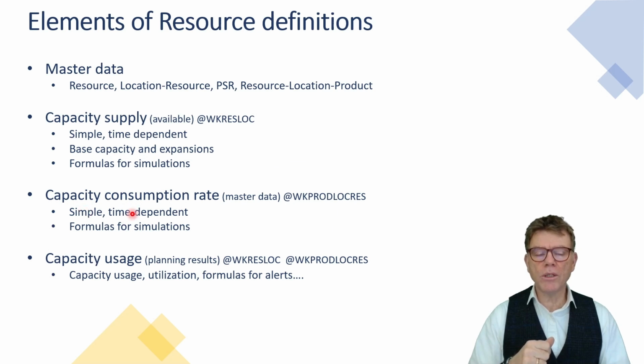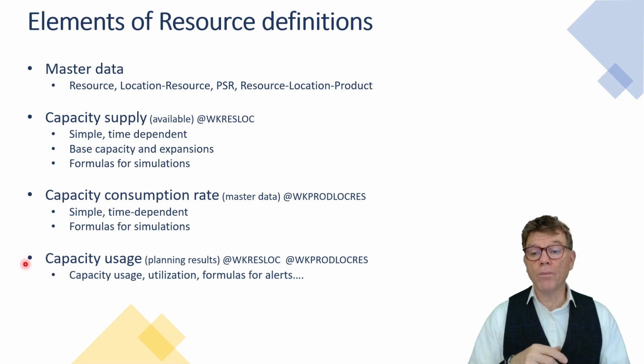Or it can even be time dependent. And in chemical industry, for instance, you may have different throughput according to product and different conditions of production. And of course, the consumption rate can also be managed by means of formula in order to introduce some simulation elements, for instance, in your capacity consumption rate definition.